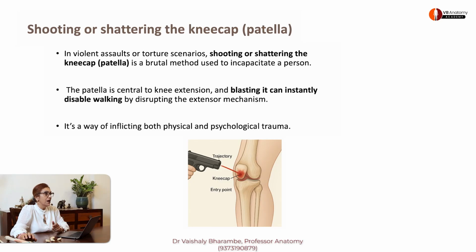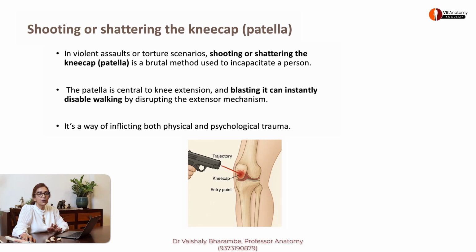Right. There is some very horrible activity happening when sometimes to torture a person, the kneecap is shot off. In such conditions, it results in shattering of the kneecap, which is very difficult to treat, and it inflicts physical as well as psychological trauma.